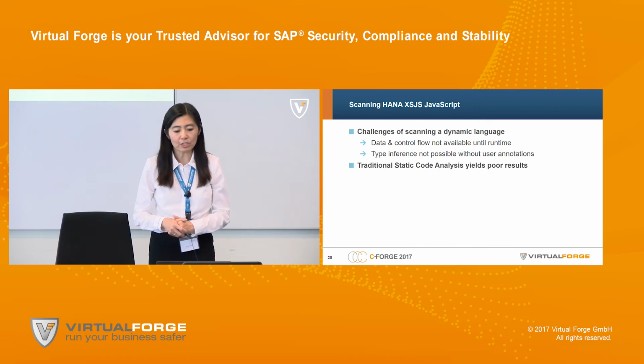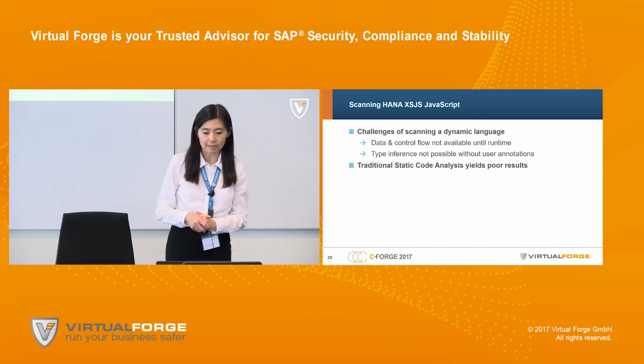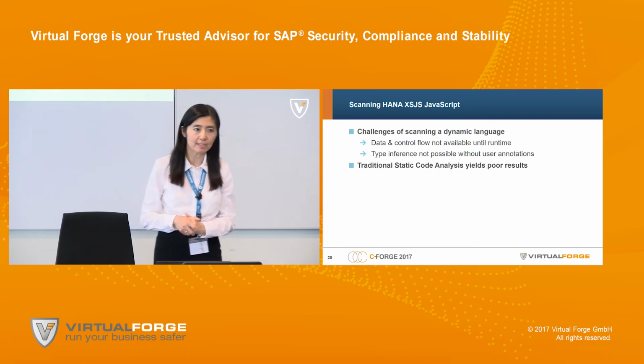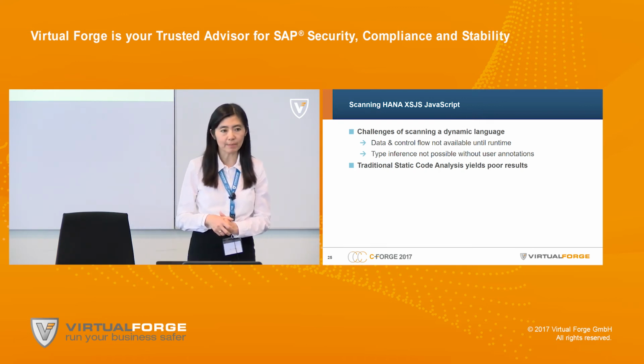A few words about our XSJS JavaScript Scanner. XSJS JavaScript is a dynamic programming language. This introduces a lot of challenges for our scanner because at compile time, you don't have information about the type.